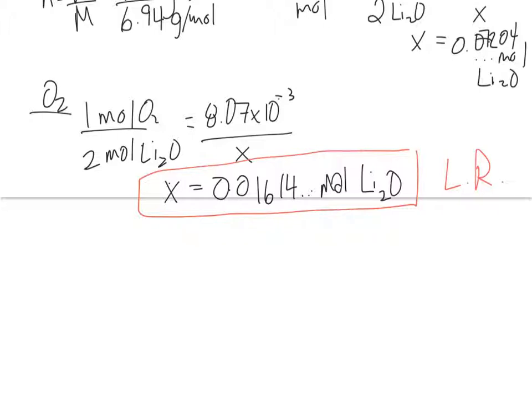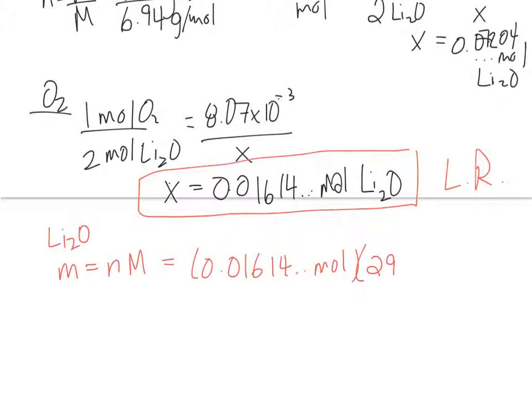Alright, almost done here because the mass is going to be calculated by the number of moles of lithium oxide times its molar mass. We've got 0.01614 moles, and the molar mass of lithium oxide is 29.88 grams per mole.